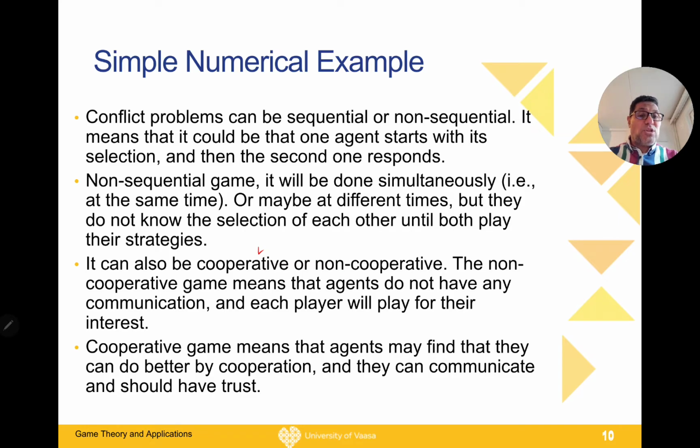As we saw in the previous example of ux and uy, by default x and y will both play independently. They will play with one, because with one, y could maximize their utility, and x, even though they know that they will lose, at least will minimize their losses.